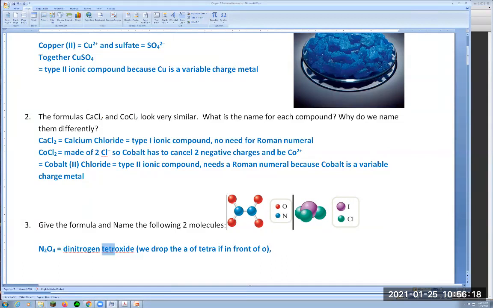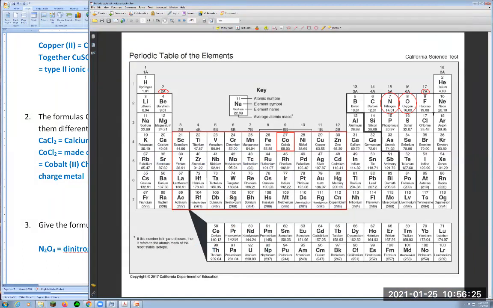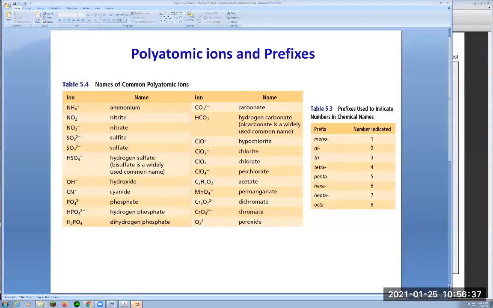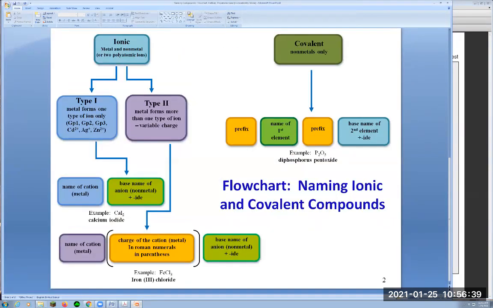If we look at the other model, we have the iodine and the chlorine. Iodine and chlorine are both non-metals as well, both halogens from group 7. So that's again a type 3 covalent compound, and we need prefixes.